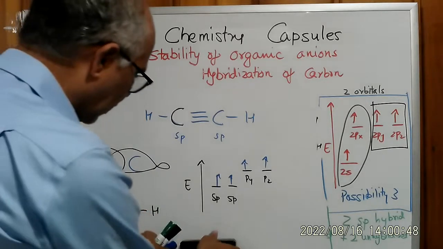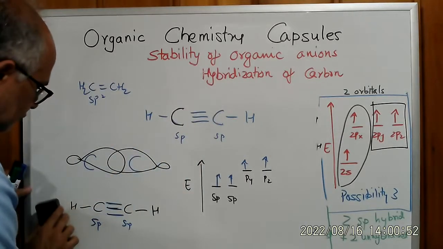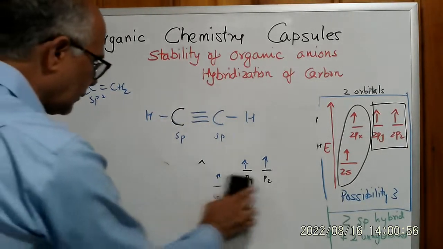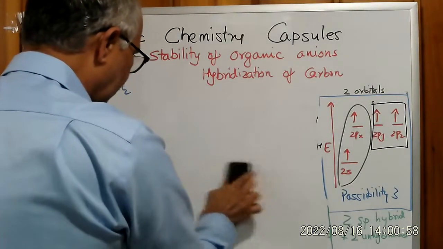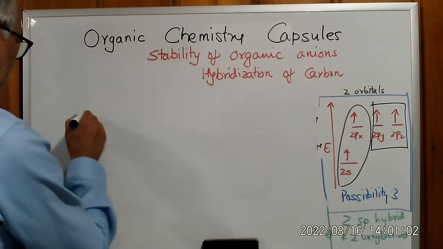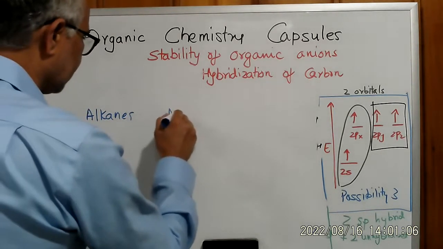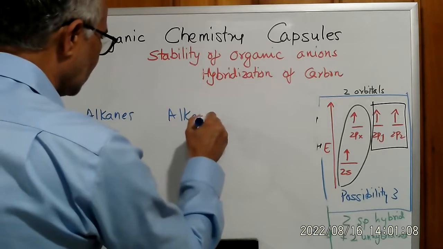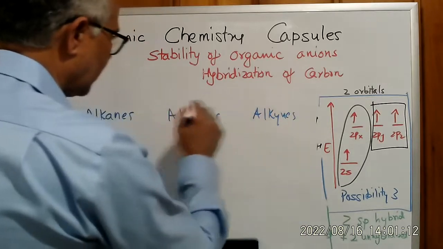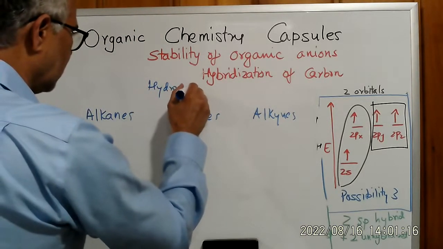I'll just put the types of organic compounds here, just for comparison, side by side. We have alkanes, alkenes, alkynes, and all of them are hydrocarbons because they have only hydrogens and carbons.